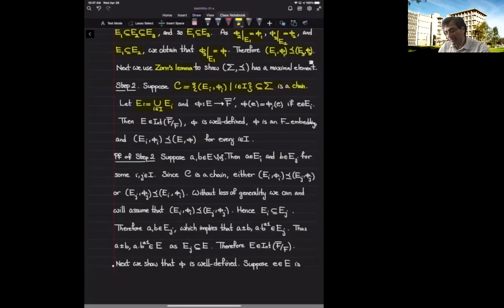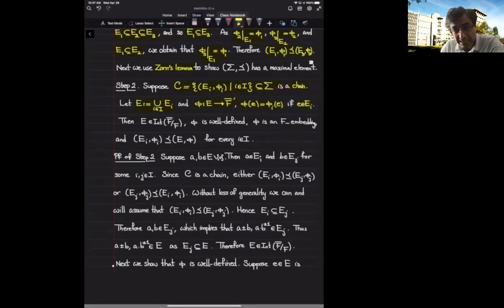And now again, how can I find this map? We are essentially gluing these phi sub i's together. That means in order to define this phi, I pick an element inside E. That means I'm picking an element inside one of these E sub i's.